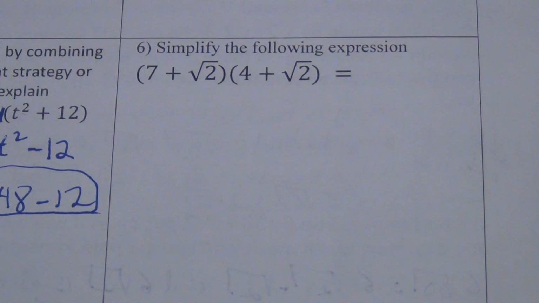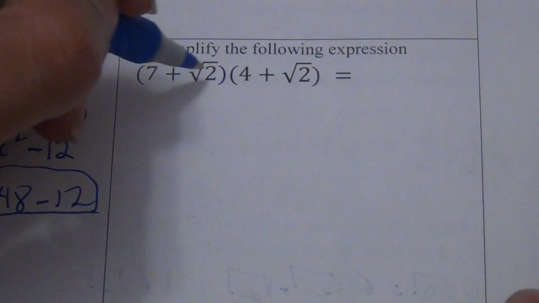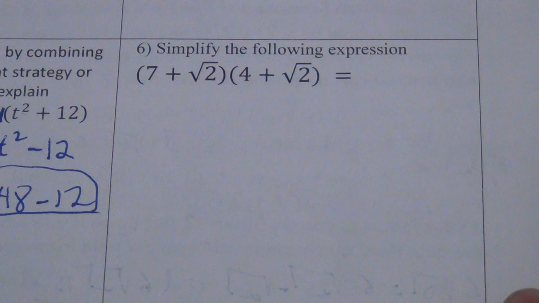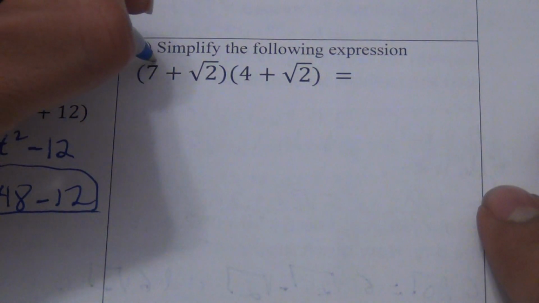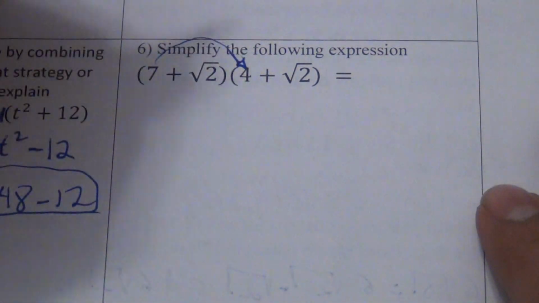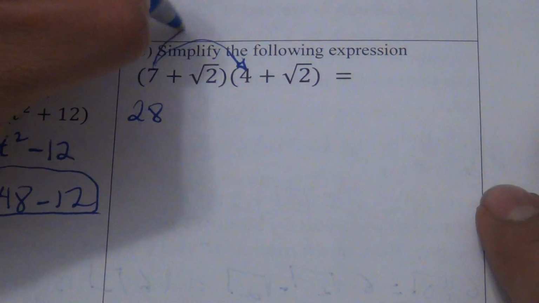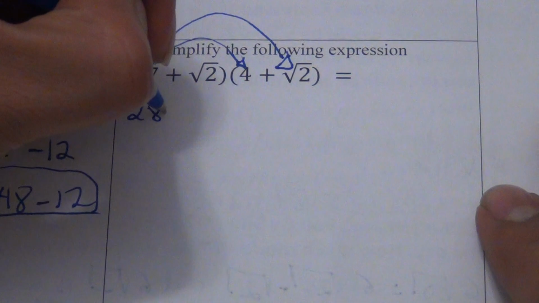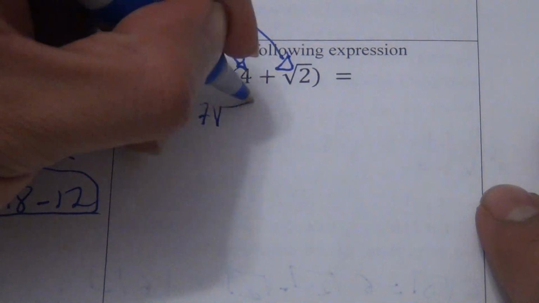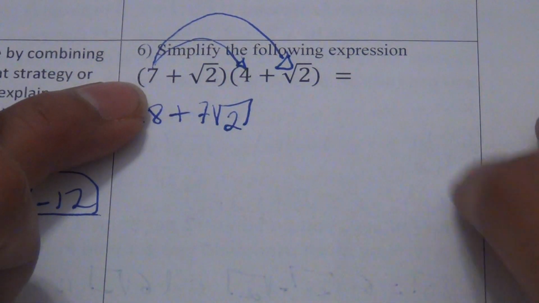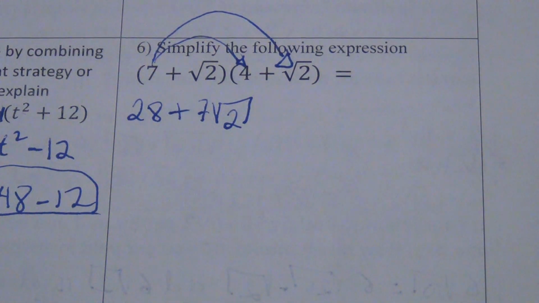Do you remember how to use the distributive property whenever you have two binomials? Well, let's see. You remember this? And then look. When you multiply a regular number with a radical, it's just a regular number with a radical.